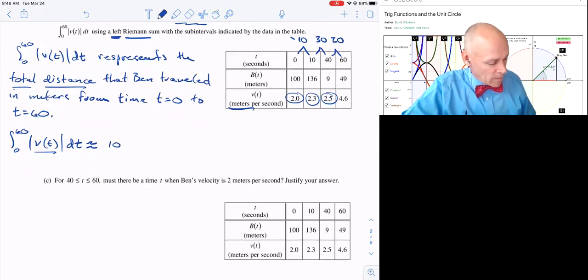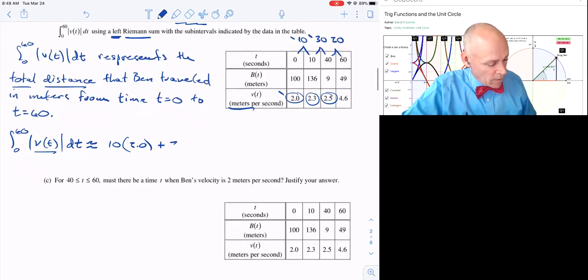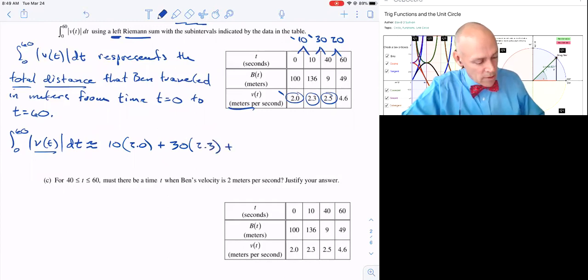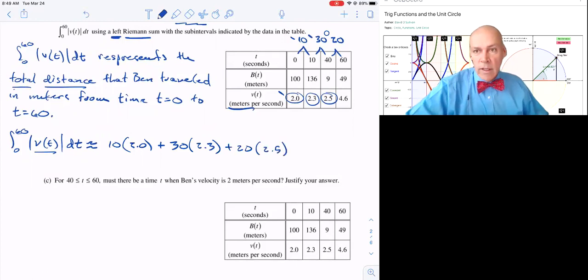So 10 times the left velocity, 2.0. There's my first subinterval. Then lather, rinse, and repeat. 30 times 2.3 plus 20 times 2.5. I'm just going to leave my answer just like that.